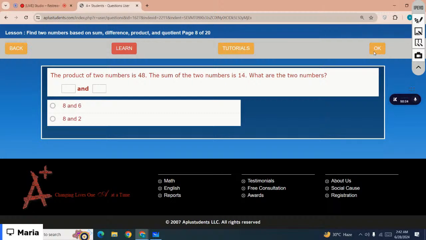The correct option is option number 1, that is 8 and 6, right?